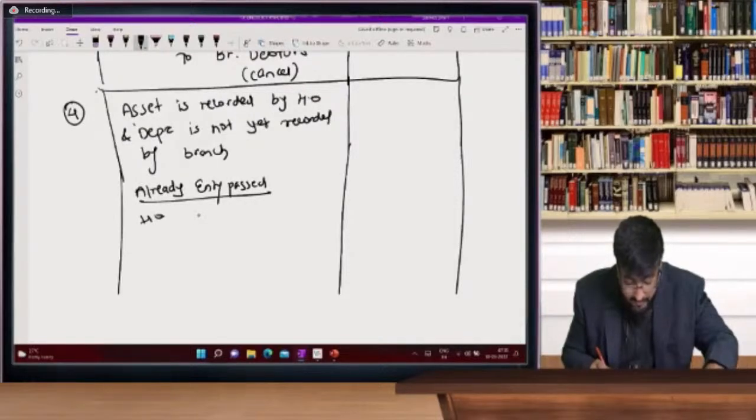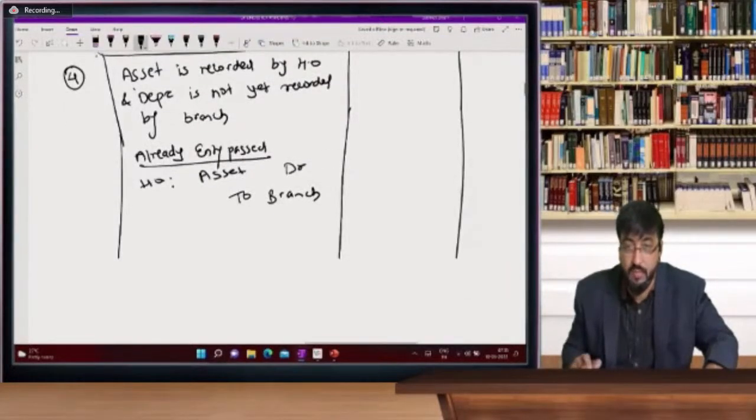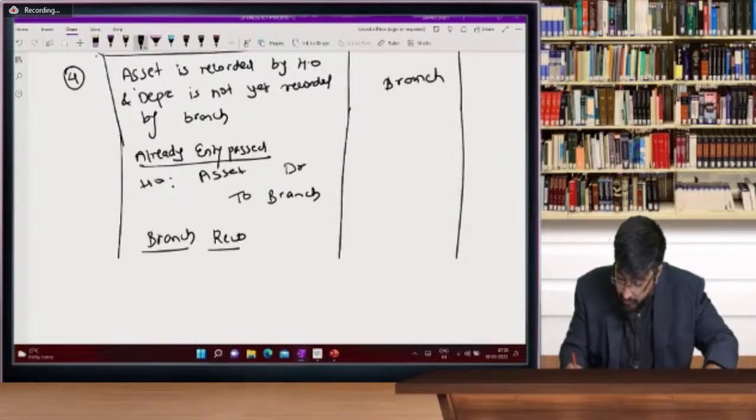HO passes entry: asset account debit to branch. Asset account debit to branch. And this is the branch's entry.